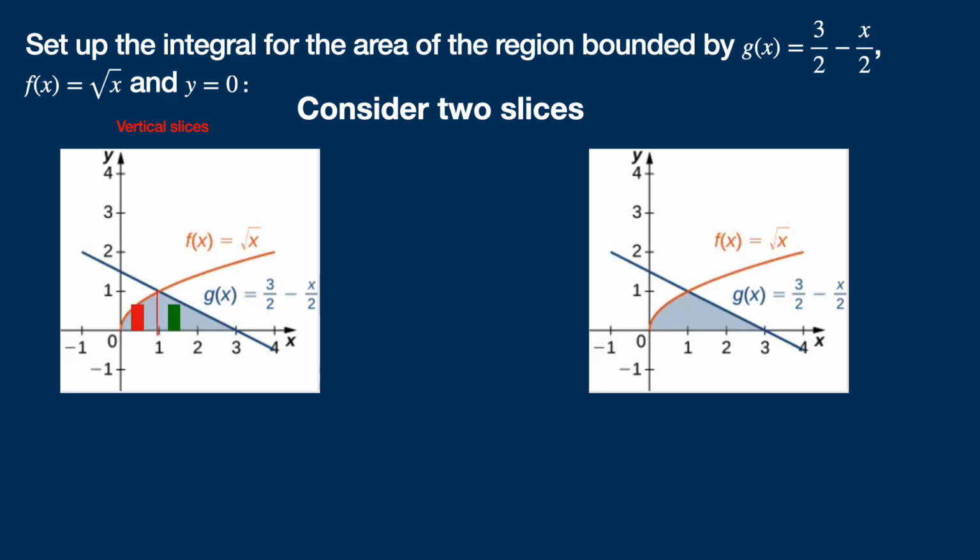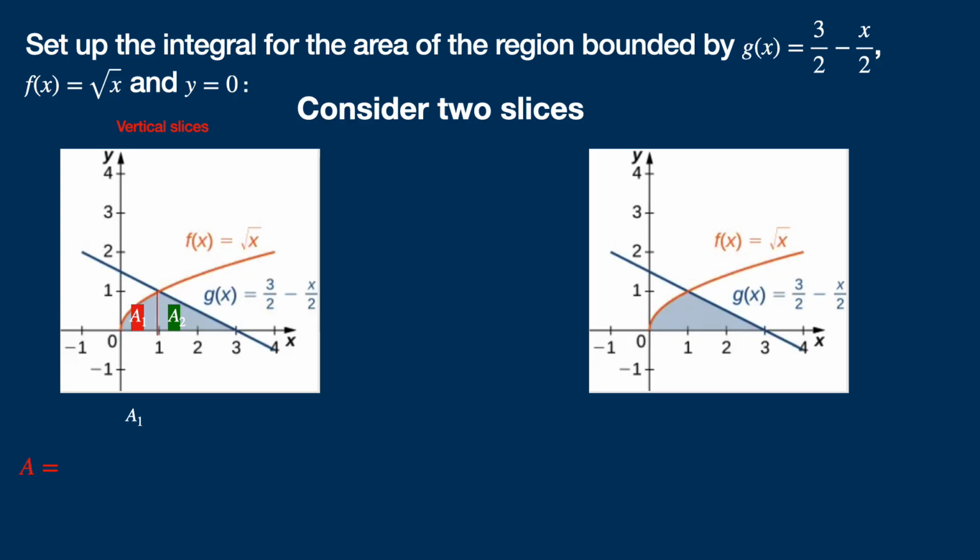That's going to be the red part. 1 and 3, that's the green slices. The two areas A1, A2 should be separated because on the interval of 0 and 1, the top curve is square root of x. On the interval of 1 and 3, the top curve is going to be g of x. That's different, guys. So we have to separate to find the area of the region. So how are we going to set it up?